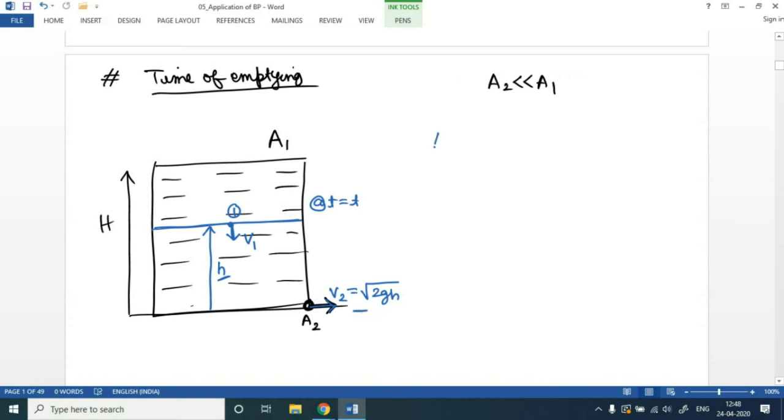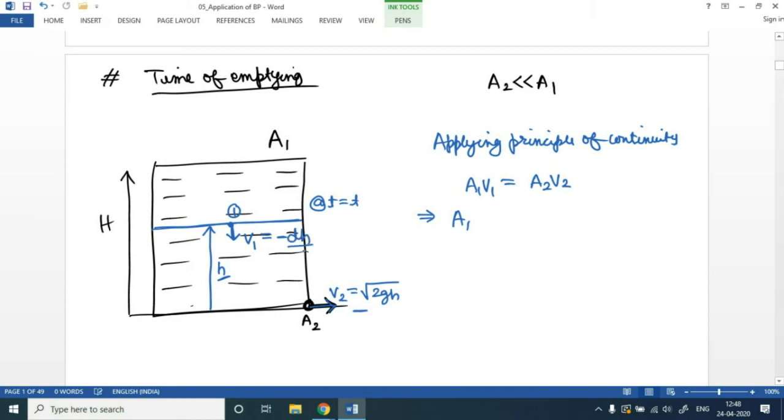So now applying the principle of continuity between cross-sectional area 1 and cross-sectional area 2, we can say A1 v1 is equal to A2 v2. Here v1 is nothing but the rate of decrease of small h, so you can write v1 as minus dh by dt.